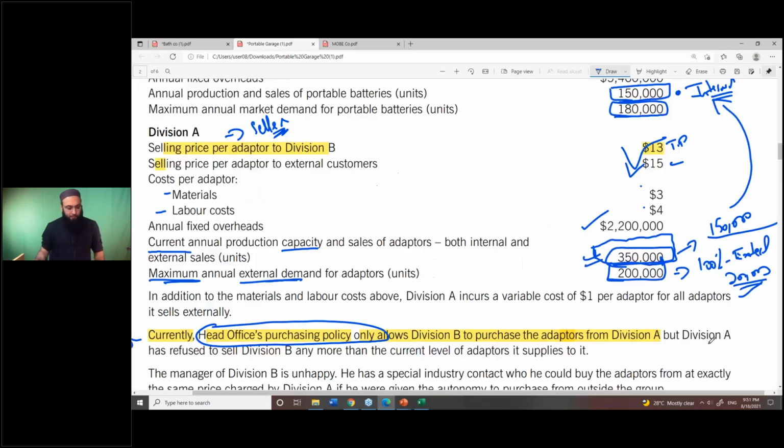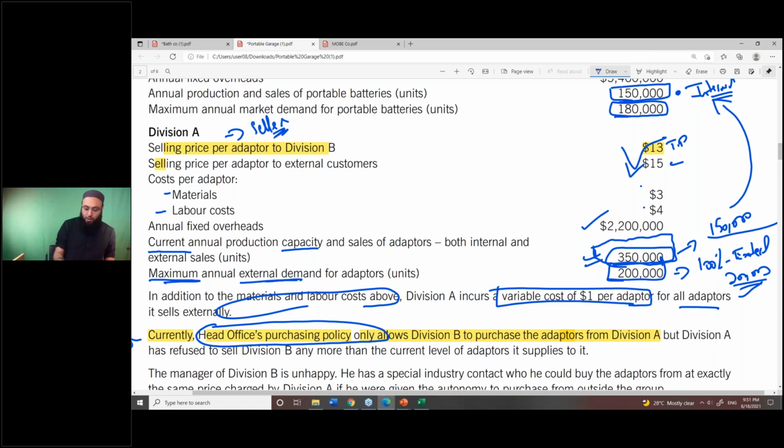I think there is one more thing I'm missing here. Yeah, I didn't read this. In addition to the materials and labor cost above, division A incurs a variable cost of 1 per adapter for all adapters sold externally. See, this is a genuine external cost. The saving I was talking about. Now, if he sells externally, he incurs one more additional dollar cost.